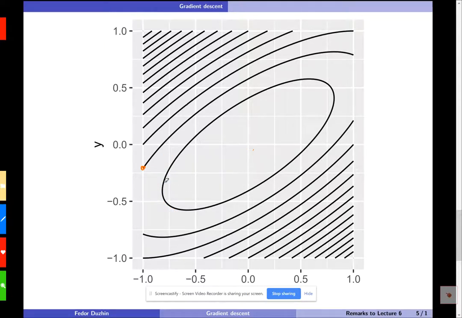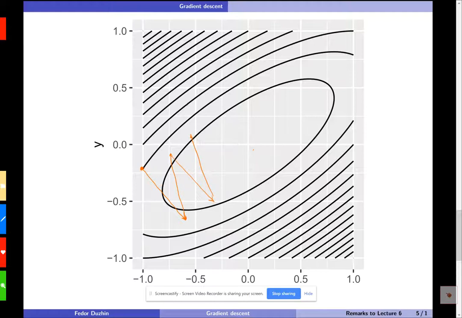But what if you try to do a large step of the gradient descent? Specifically, if you stay here and you make a large step in the perpendicular direction, let's say here, then the problem is that you overshoot the next level curve. At this point, if the step is large, you will make a step in this direction and overshoot again, and again.